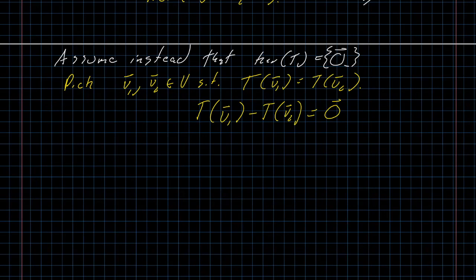And then I can use the linearity to say that t of v1 minus t of v2 is t of v1 minus v2. Because it's a linear transformation, that means we can do this. That's what linear transformation means.